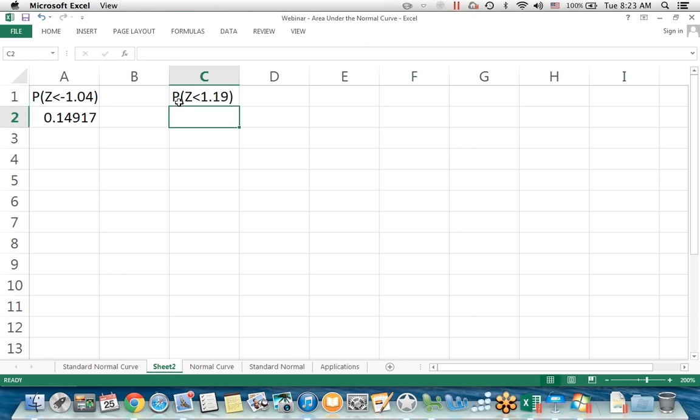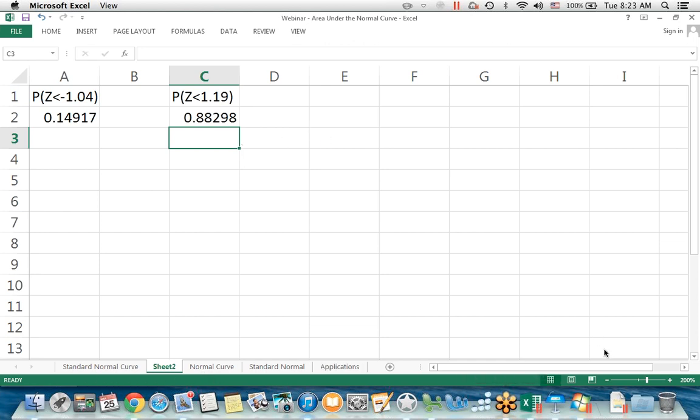For this particular problem, again, we're going to type in the equal sign, and then we're going to type norm.s.dist, open parentheses, and we're going to type in the 1.19, comma, true. Press enter, and this gives us the area to the left of 1.19.